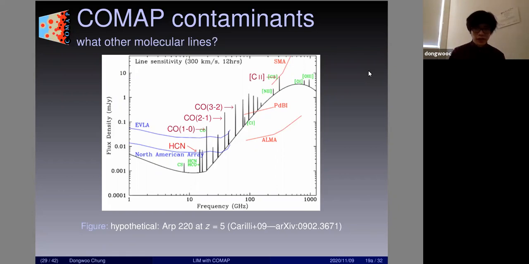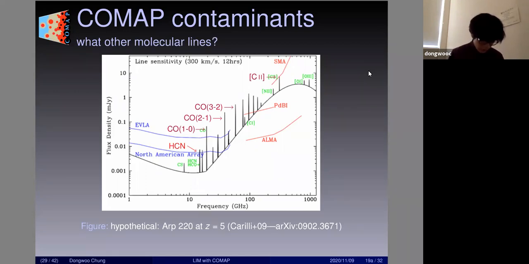The HCN molecule has its own ladder of rotational lines. CO 1 to 0 has a rest frequency of 115 gigahertz. HCN 1 to 0 has a rest frequency of 88 gigahertz. So if you're trying to look at CO 1 to 0 at redshift 3 or so, technically you're also going to have HCN emission from redshift 2 or so mixed in.